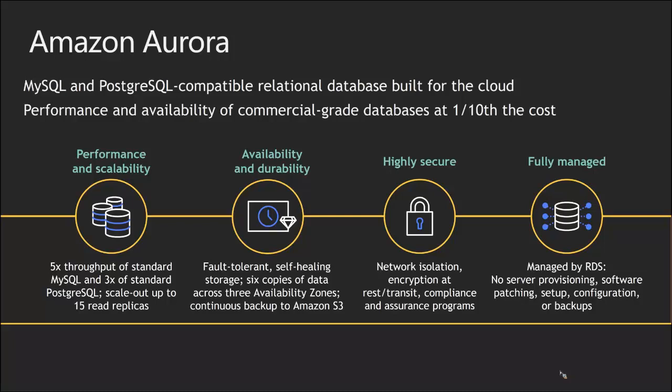Lots of security capabilities at the network level, in terms of encryption inside the database at rest and in transit between your database and the application. And lots of capabilities around authentication and authorization of users. So everything is highly secure.